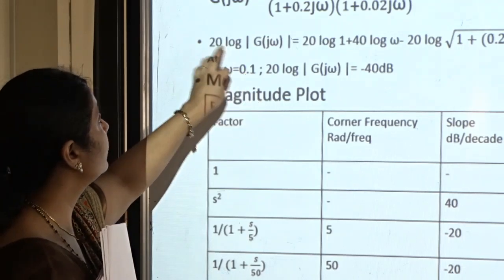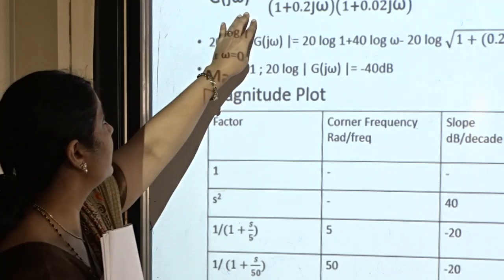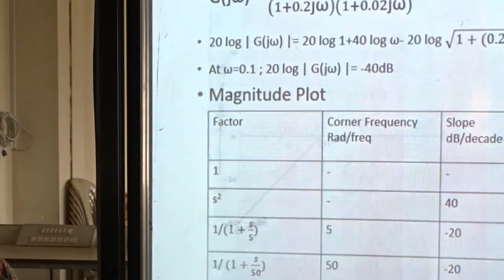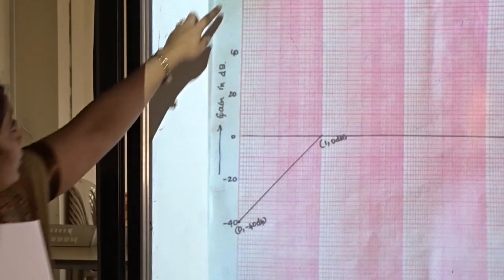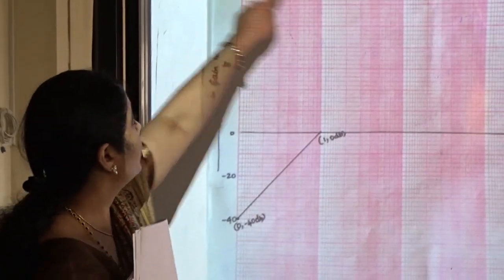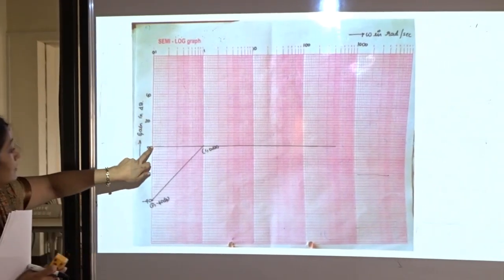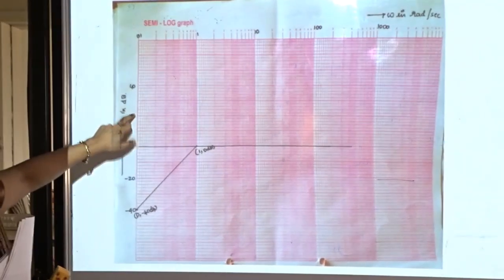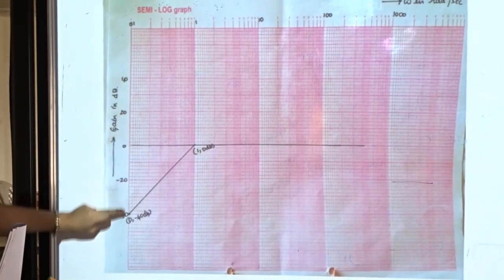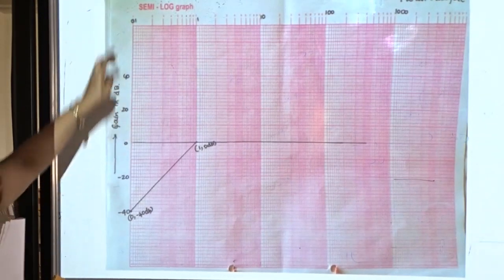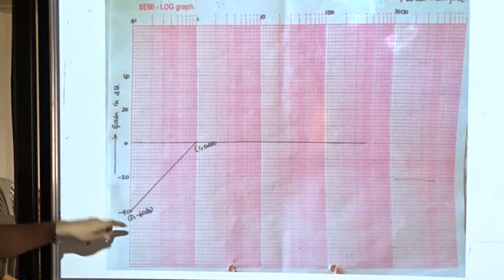At 0.1, the magnitude given by this transfer function is minus 40 dB. So we have taken omega at 0.1, 1, 10, 100 like this. This is the scale, and here this is 0 dB, plus 20, plus 40, minus 20, minus 40. This is the gain scale, and this is the frequency scale on the x-axis.